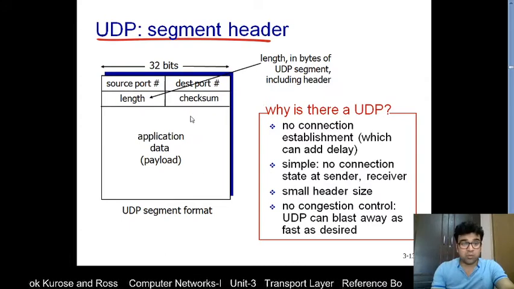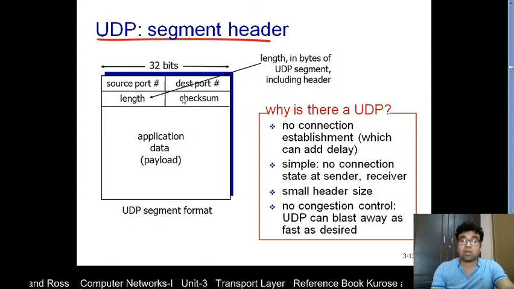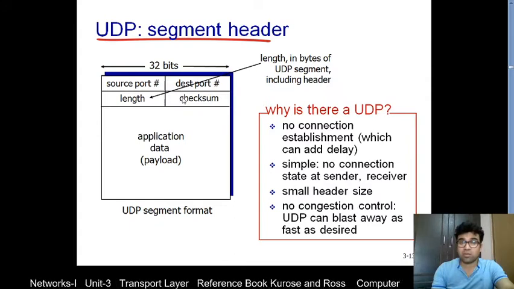Out of these 4 fields, this header has nothing for it, so it means this UDP segment doesn't provide you connection oriented service. It provides you a connectionless service, and it is also not responsible for ordered delivery of data, because you do not find anything used for providing the ordered delivery, or at the destination you do not have anything inside this header which is used for reassembling the packets in a sequence.